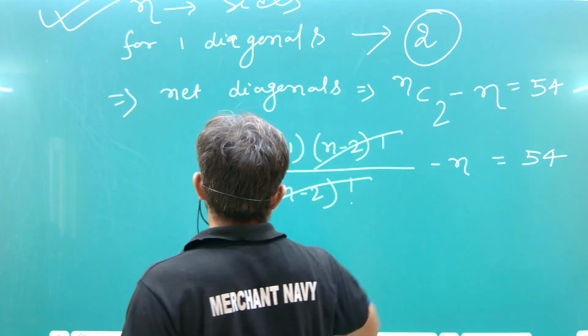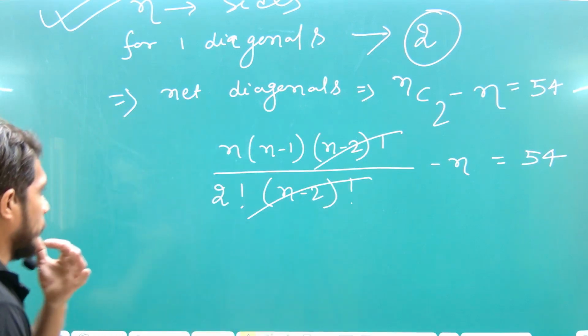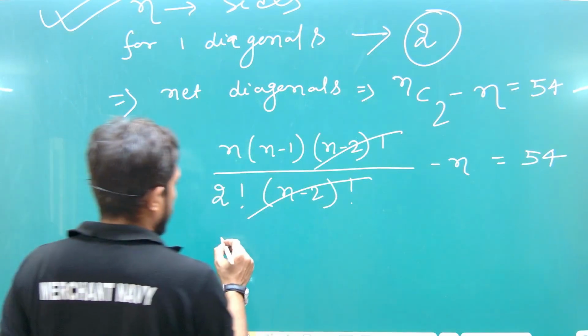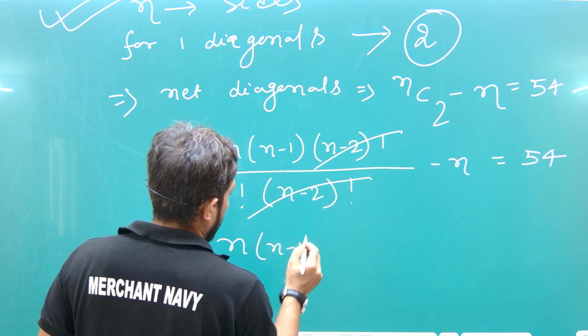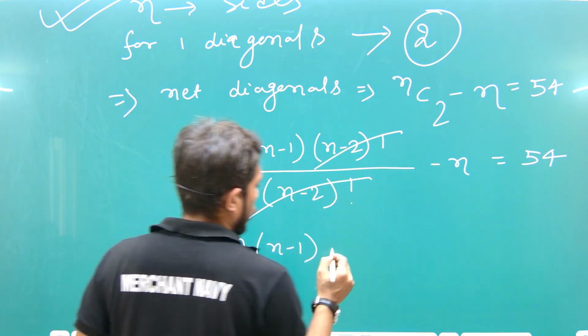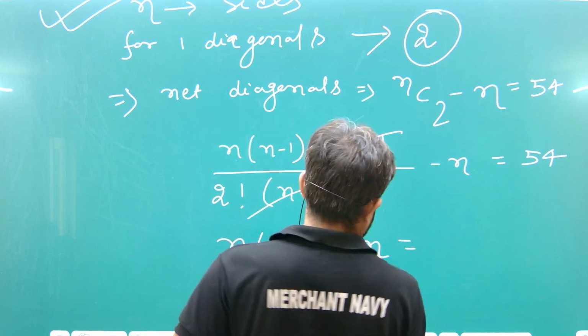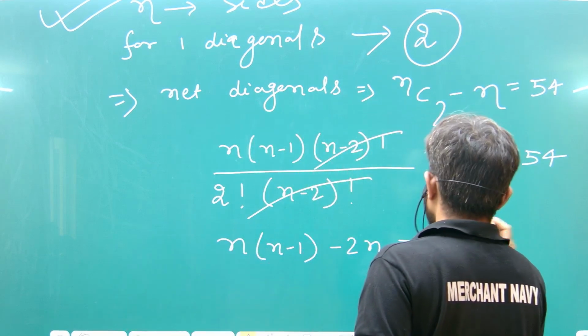Now cancel out n minus 2 factorial. So this becomes n into n minus 1 upon 2, minus n, that is equal to 54, so that means minus 2n is equal to 108.